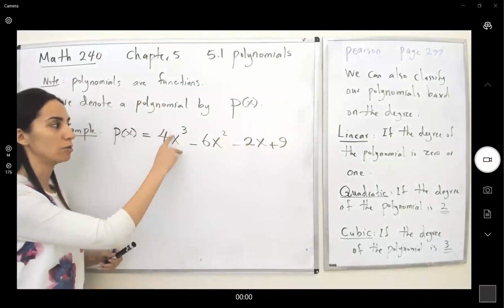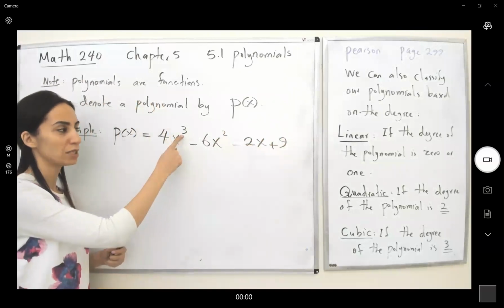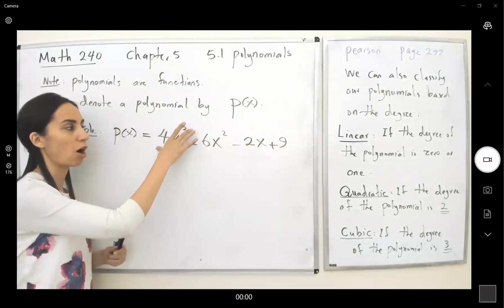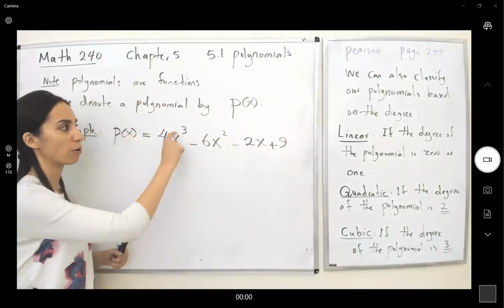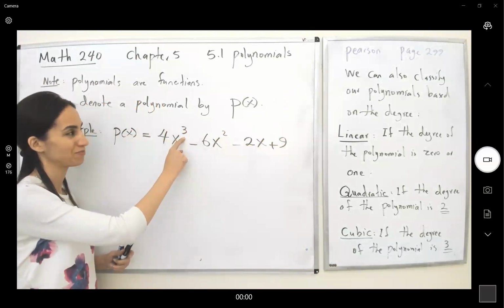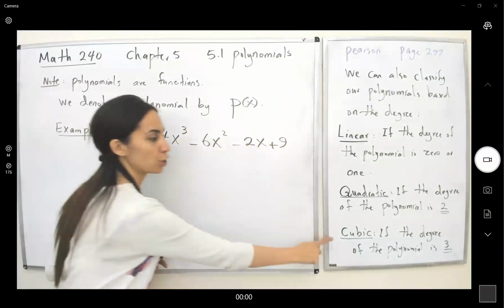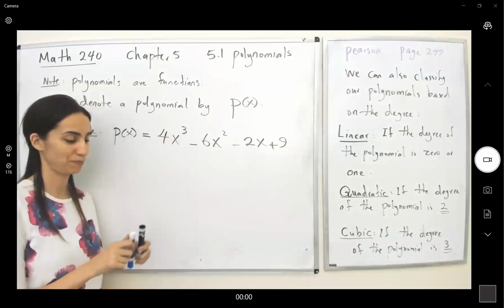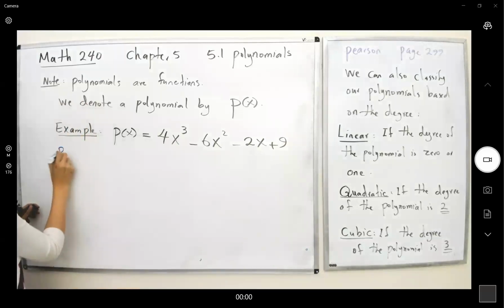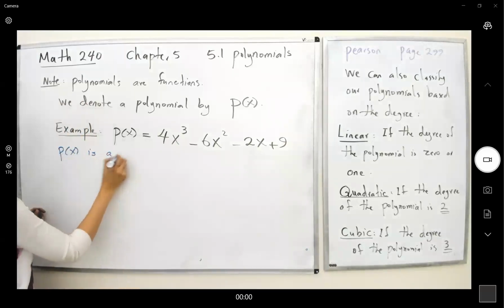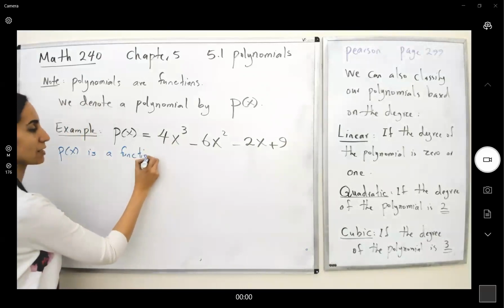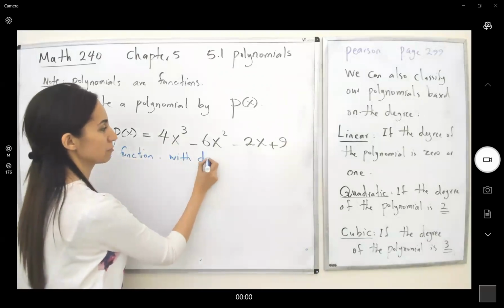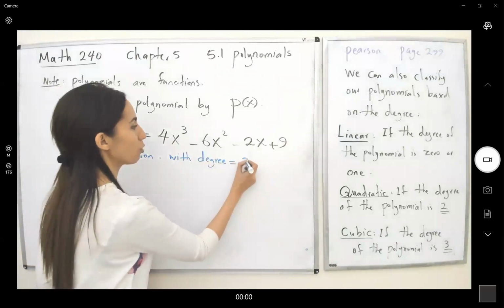The degree of your polynomial is the degree or the exponent or the power of the term with highest exponent, highest power, which is 3. It means that we have a cubic expression. It is a function, p of x is a polynomial function, or you can say that it is just a function with degree equal to 3.